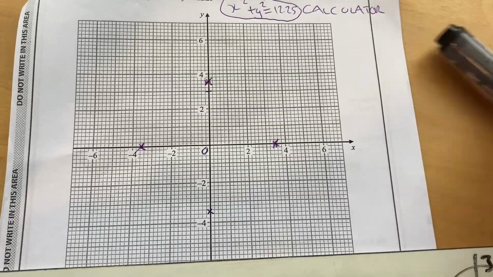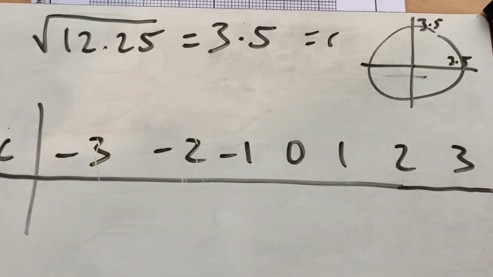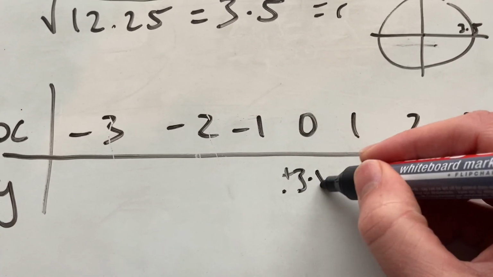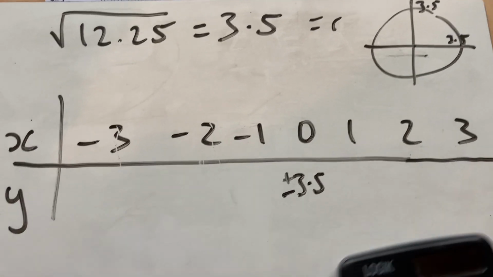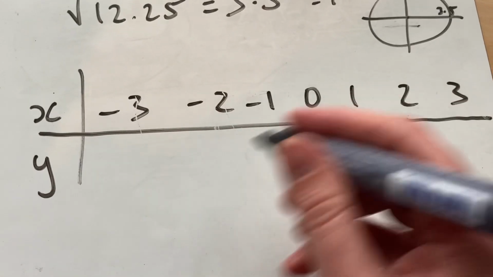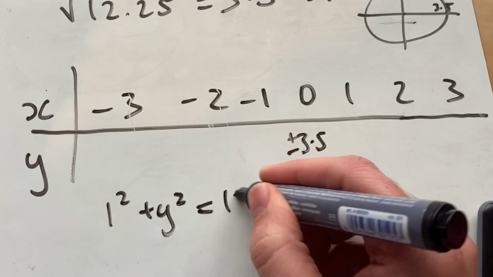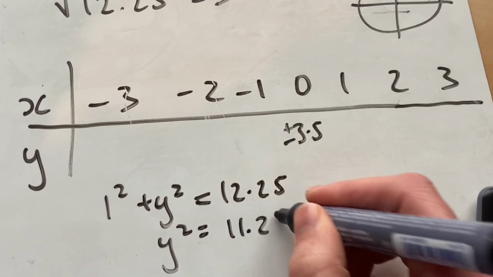I'm going to try and work out a few more values using a table of values. So I know that when x is 0, y is plus minus 3.5. Let's try a bit more. What about when x is 1? So 1 squared plus y squared equals 12.25. So y squared will equal 11.25.